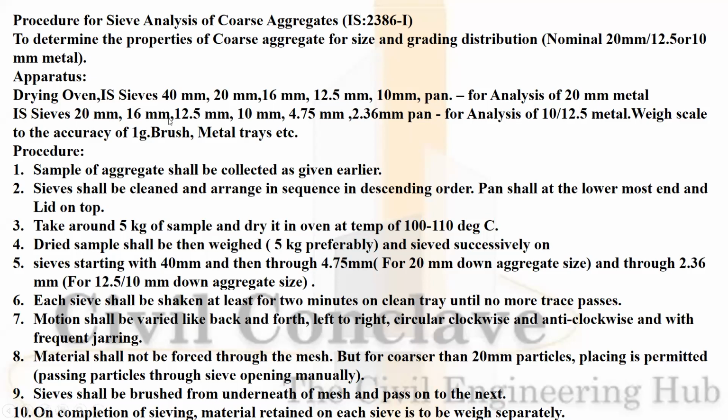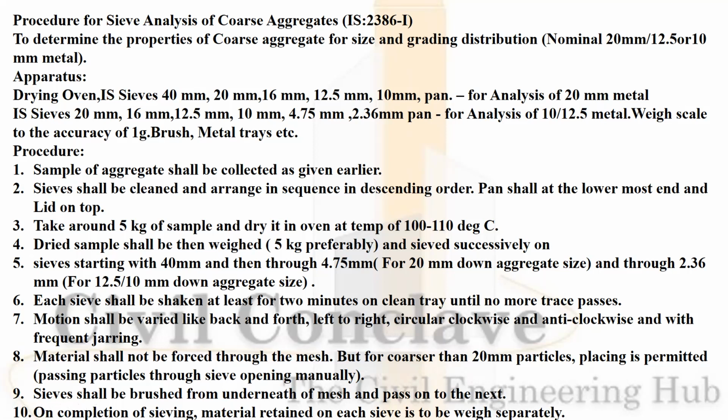The apparatus required is a drying oven, IS sieves from 40 mm to 10 mm, for 20 mm, 20 mm to 2.36 mm, for 10 mm, 12.5 mm, a weighing scale with accuracy of 1 gram, brush, metal tray, etc.